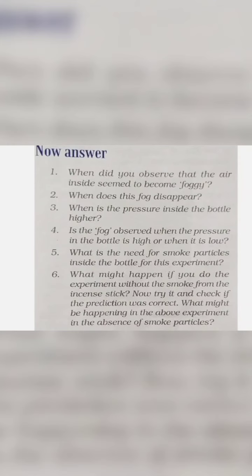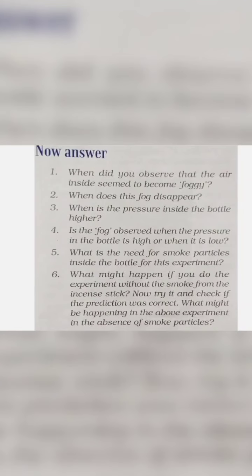It expands and cools. The smoke particles act as nuclei on which water vapors condense in the form of tiny droplets. When you release the pressure, the air inside the bottle becomes foggy. When the bottle is again pressed, the fog will disappear.